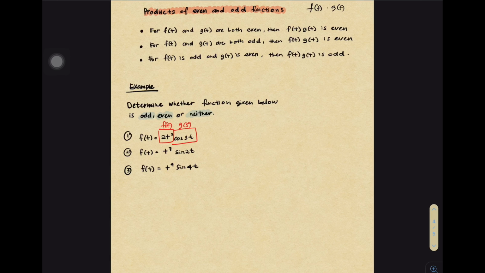So let's check. Now f(t) is equal to 2t squared. So f(-t) will give you 2(-t) squared, so what you will get in return is 2t squared back. So you can show that f(-t) is equal to f(t), which means your f(t) here is an even function.